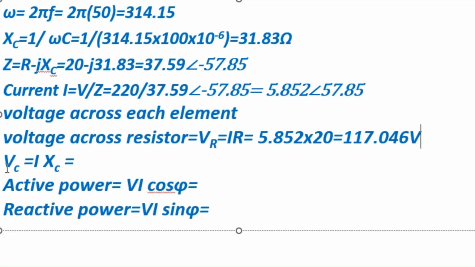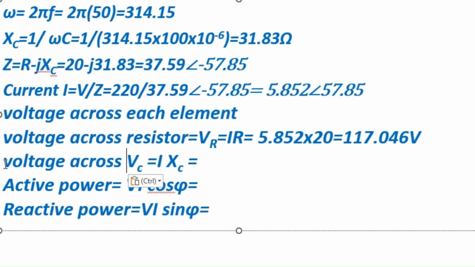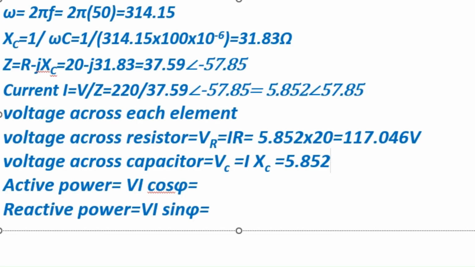Similarly, the voltage across capacitor, VC, equals I into Xc, where I is 5.852 multiplied by the Xc value, 31.83, which gives 186.27 volts.